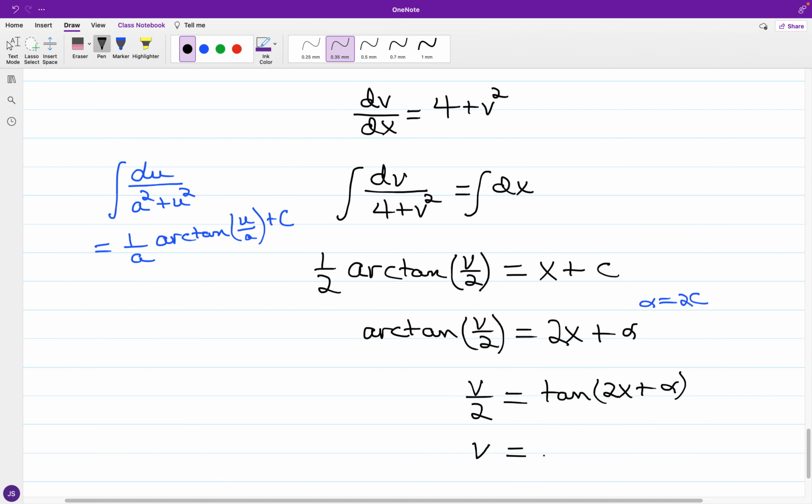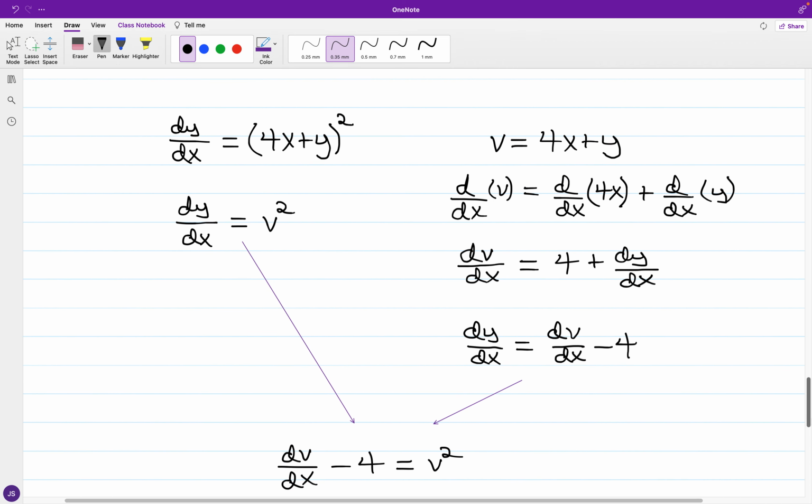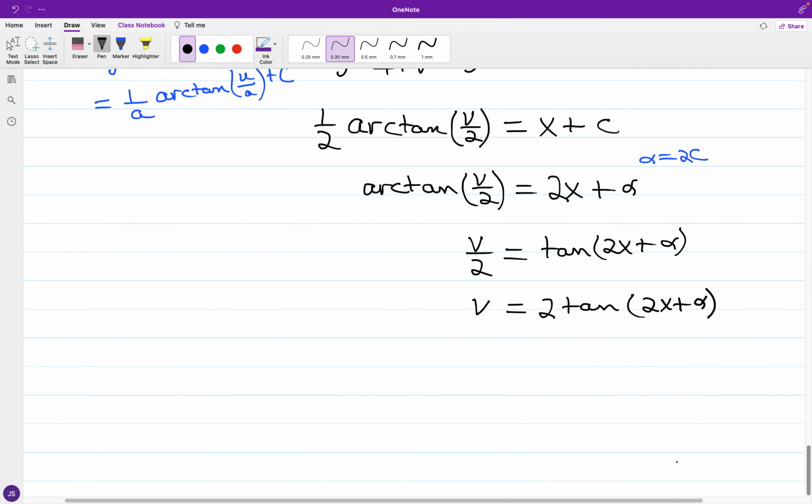So v is equal to 2 times the tangent of 2x plus alpha. And again, from earlier, I had set v equal to 4x plus y.